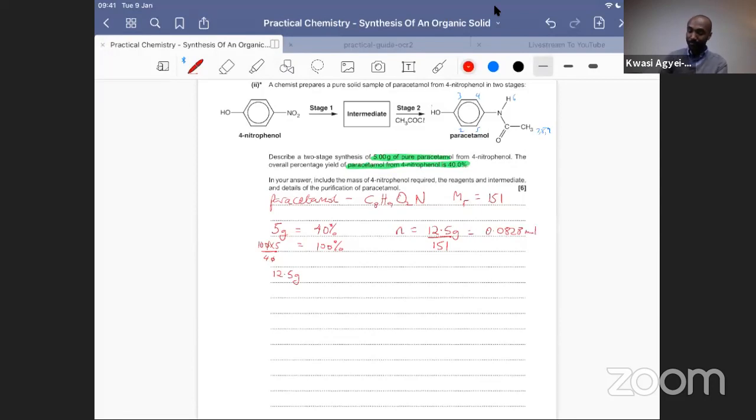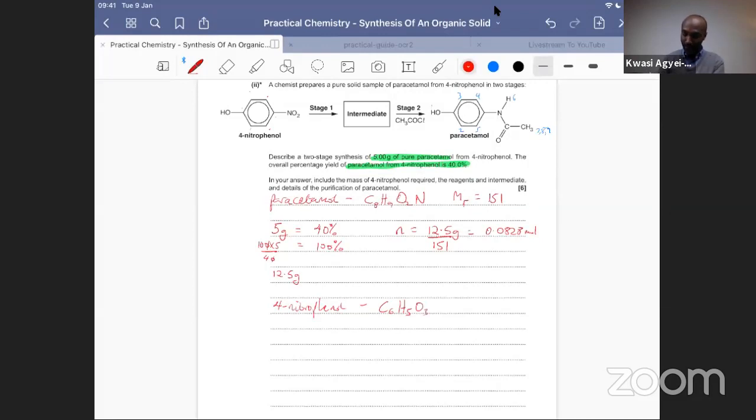So we would be starting off with 0.0828 moles of 4-nitrophenol. We need to work out the molecular formula of 4-nitrophenol. We've got 1, 2, 3, 4, 5, 6, so this is C6. And we've got 1, 2, 3, 4, 5 hydrogens, and 3 oxygens this time round, and still 1 nitrogen.